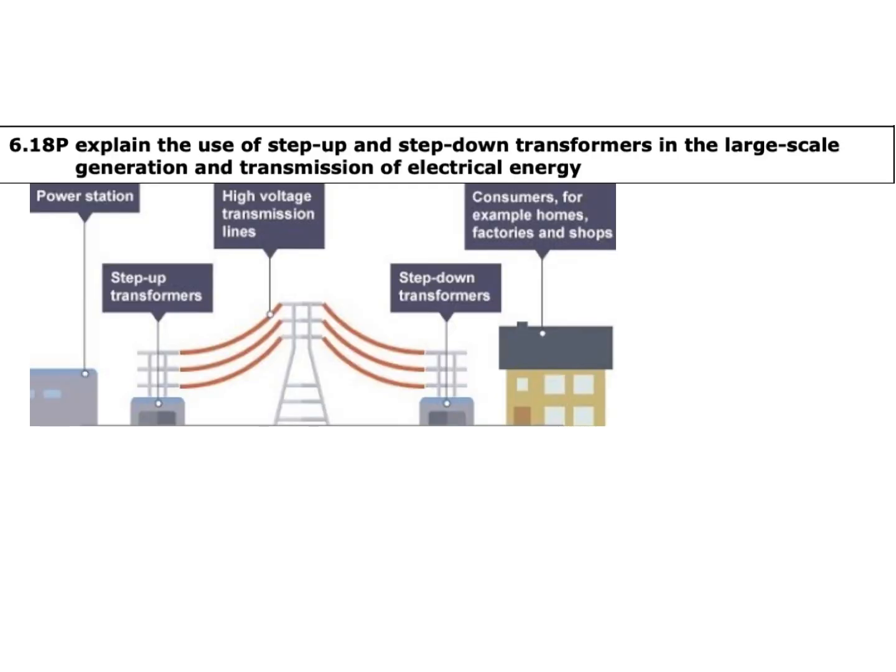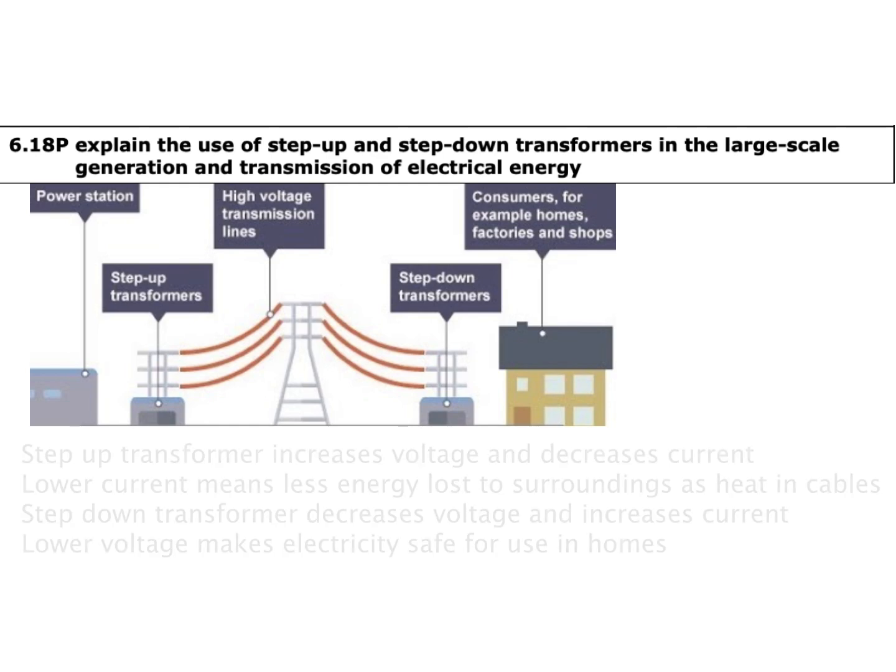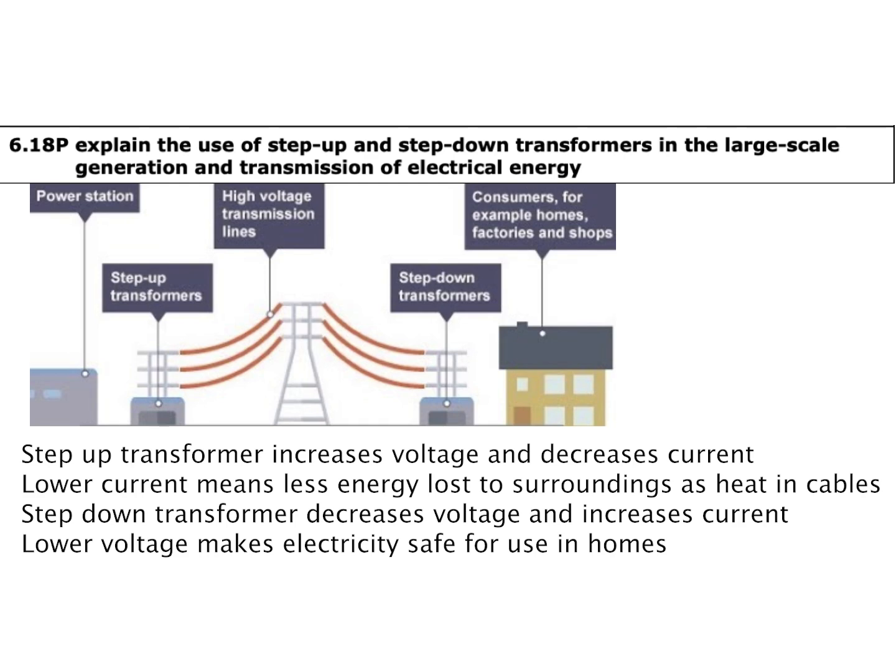So how does this come into practice? Well, it's really useful to know for the national grid. So the next spec point asks us to explain the use of step-up and step-down transformers in the large scale generation and transmission of electrical energy. Well, from our power station, we use a step-up transformer. And the main reason we use a step-up transformer to the high voltage transmission lines is to reduce the current.